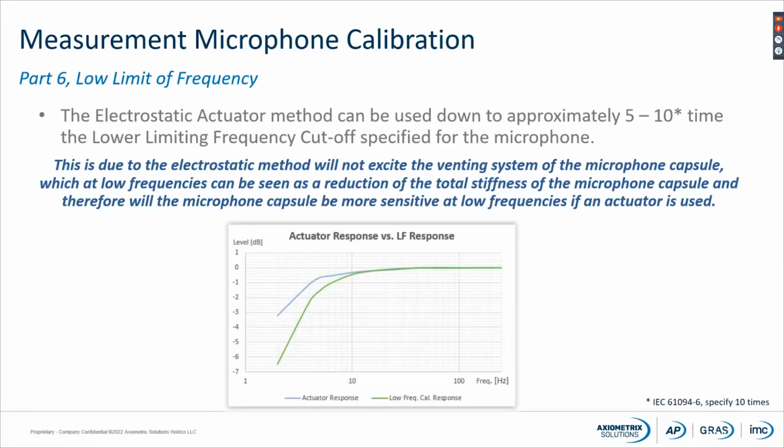Let's have a closer look at that. We have here an actuator response at low frequencies. The blue curve is the actuator response. The green curve is the pressure response measured for that microphone. Theoretically, if we measure with an actuator, we will see something like the dotted line here, a flatter curve at lower frequencies.